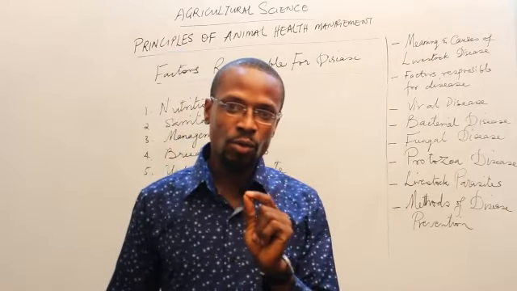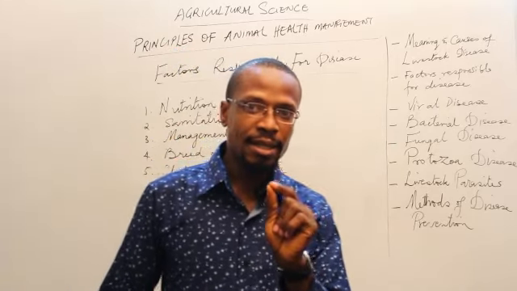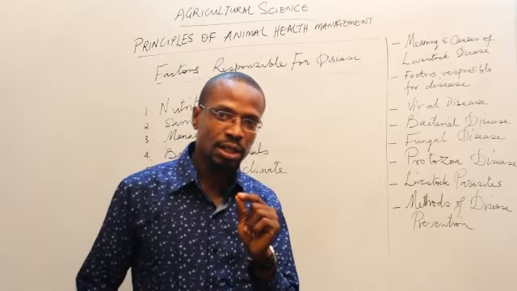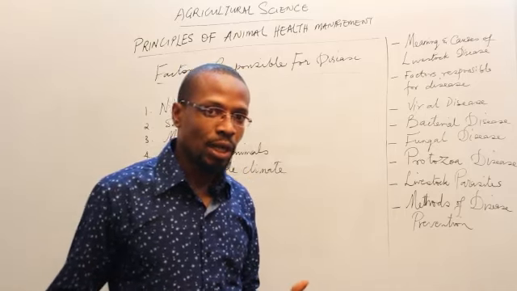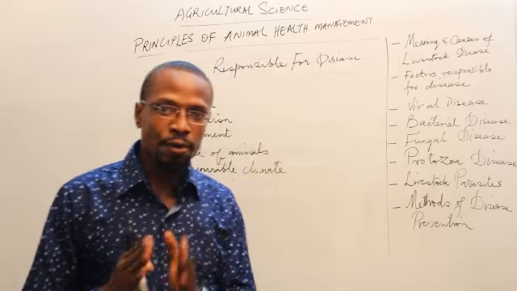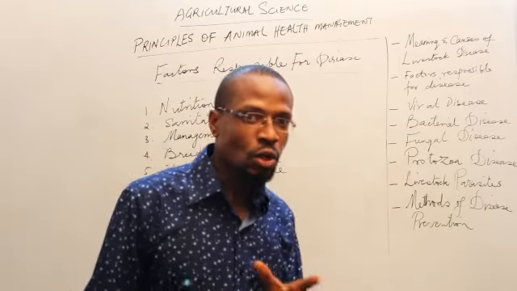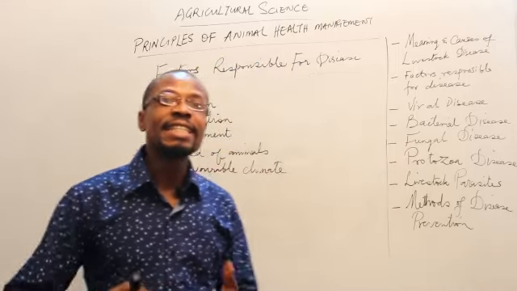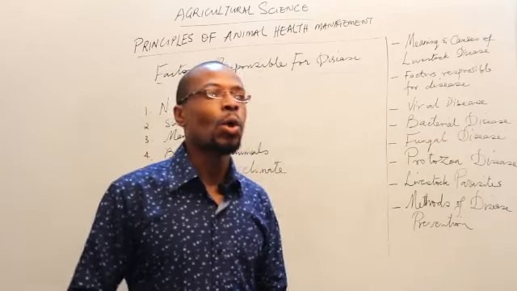Just like the name sounds, disease, dis-ease, that is, when the normal functioning of the body is no longer as it should be. The state of functioning of the body has been altered, so the body is no longer at ease. So we say dis-ease, or the body is diseased.